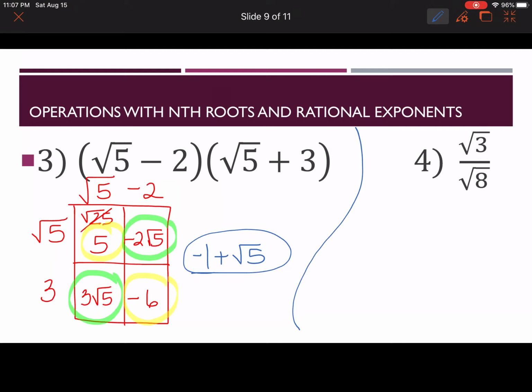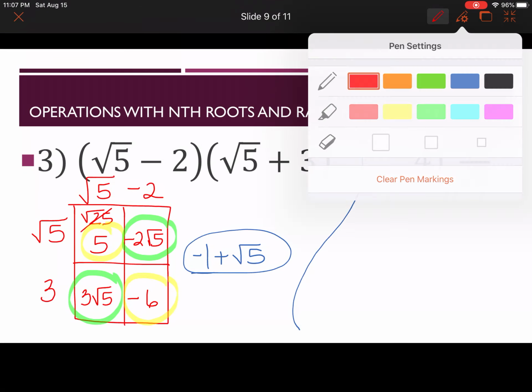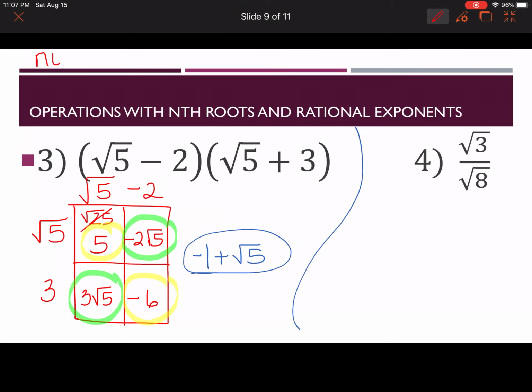In Appendix 7, we talked about how we could not have imaginaries in our denominator. There's another rule, sorry about that, and that is no radicals or rational exponents in the denominator.